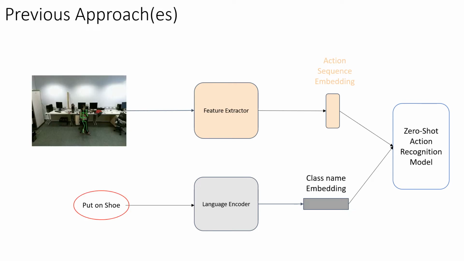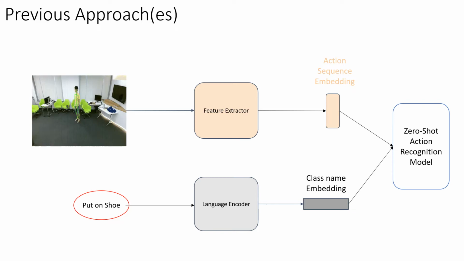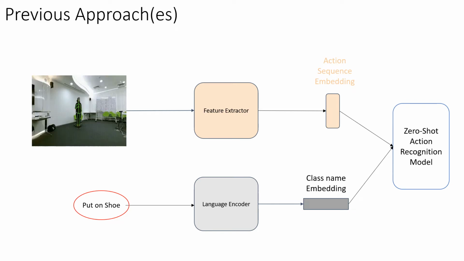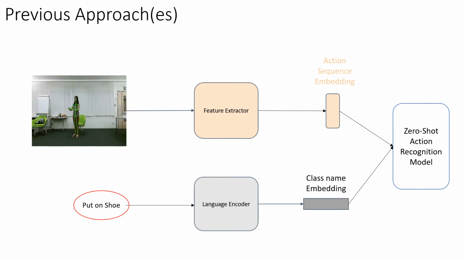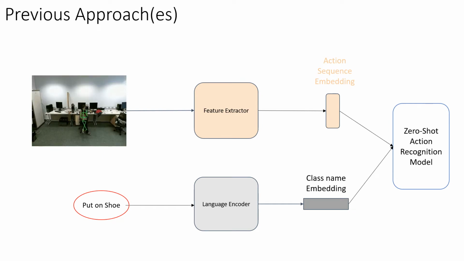ZSL approaches achieve generalization by exploiting some extra semantic relationship among the classes, typically from the natural language embeddings of the class names. However, such techniques ignore the syntactical information present in the parts of speech of the class name.